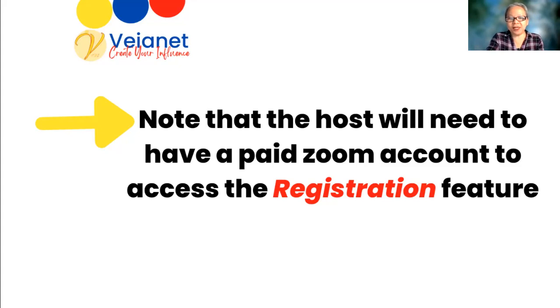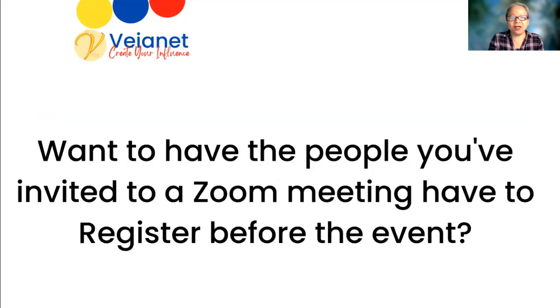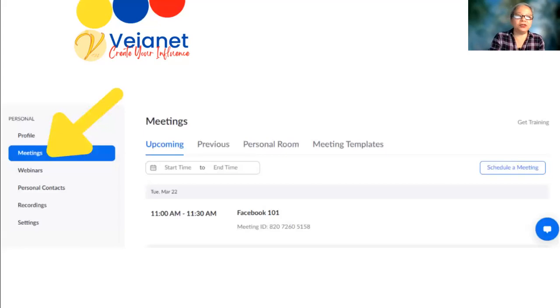So once you're signed in to your account, just a reminder, if you want to have the people you invited to a Zoom meeting register before the event, then this is for you. Now that you're in your Zoom account, you go to meetings.